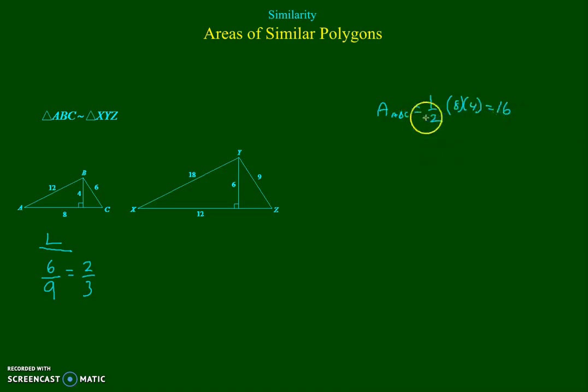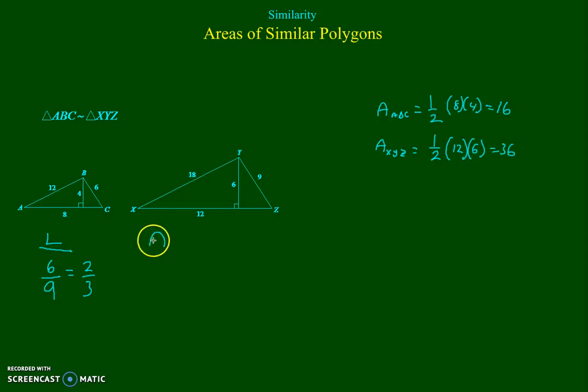So that's the area of ABC. The area of XYZ is going to be 1/2 times 12 times 6. So 12 divided by 2 is 6, 6 times 6 is 36.